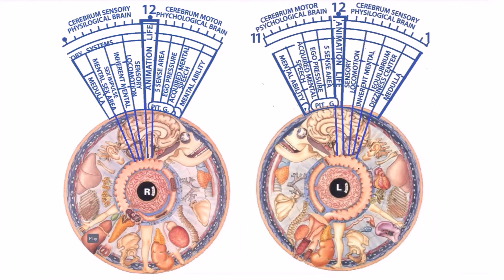All right, and then lastly, for this region of the brain, we are still in the posterior back of the brain. The last brain zone is the medulla brain zone.